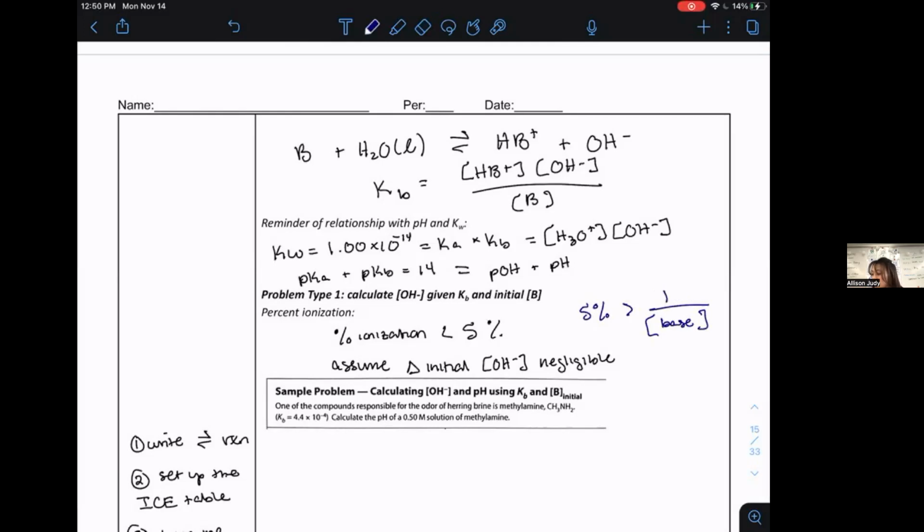If you get 1,000 times difference, you can write it however way makes sense in your head. If you get 1,000 times different or more, you know that change is essentially negligible to the impact of your reactant. It is only for these types of problems, when you're given initial concentration and you're given Ka. You cannot assume this for any other type of problem because it's not safe to assume it.